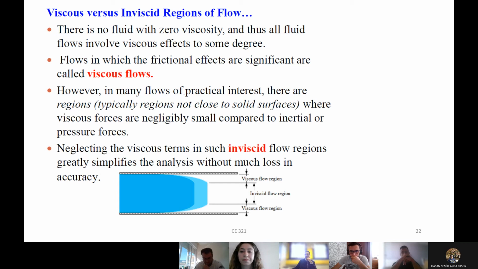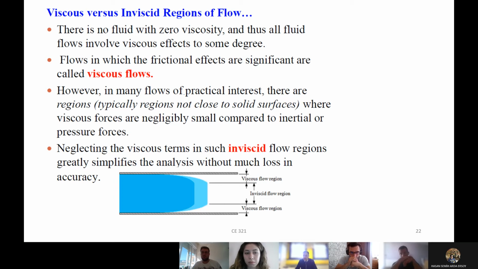However, in many flows of practical interest, such as water in a pipeline or water motion in a river, there are regions, typically not close to solid surfaces, where viscous forces are negligible compared to other regions.